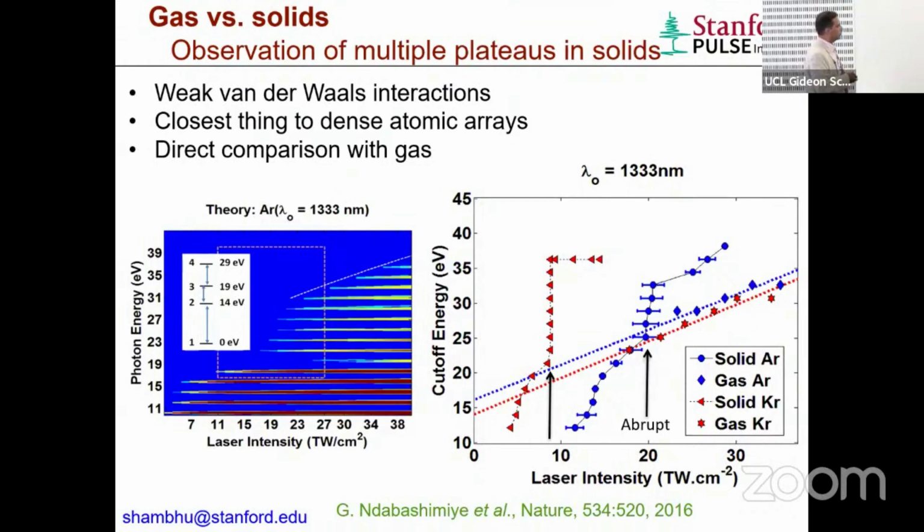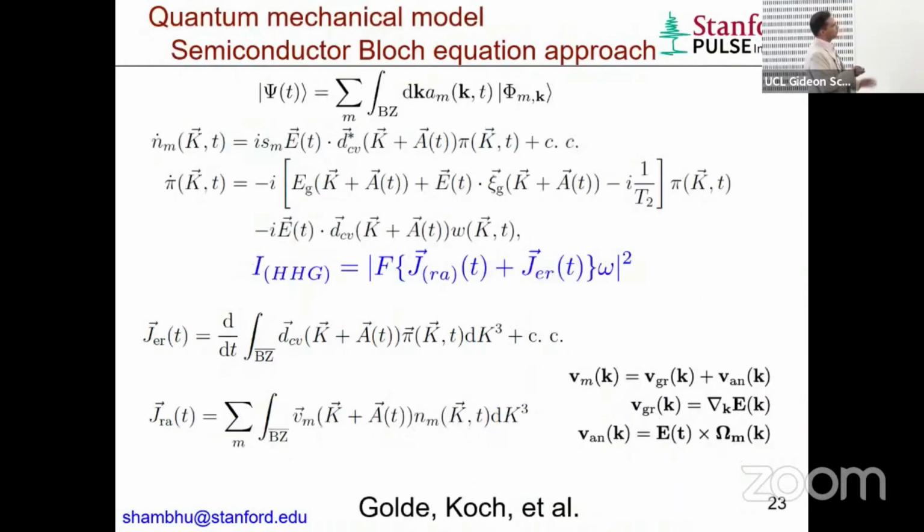This is the nice work that we did together with Metagard. Since then there has been a lot of activity in the field on the theoretical side. The semiconductor Bloch equation approach has been one of them, as we heard both the advantages and criticisms of this method this morning, right? I just wanted to point out a couple of things here.